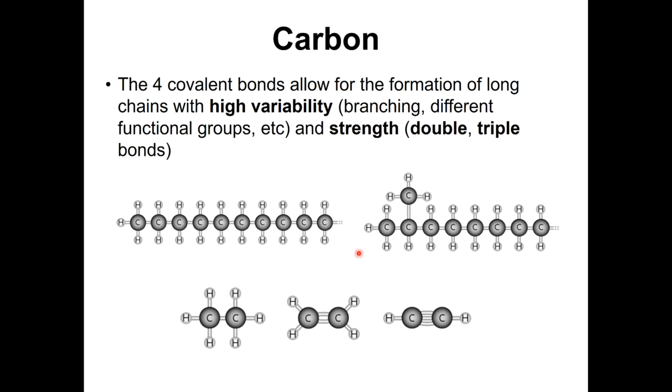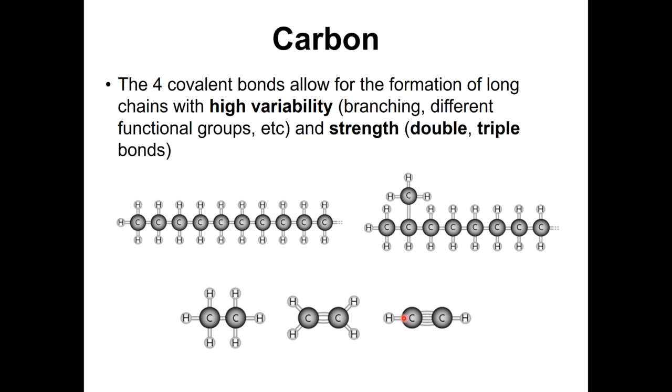Now, this is done not only with double bonds, but even with triple bonds, making even stronger molecules. Even in this scenario, you can still have some variability left, something that with nitrogen, for example, you could not get, because if nitrogen were joined with 3 bonds, you would have no more bonds possible left for the 2 nitrogen molecules.